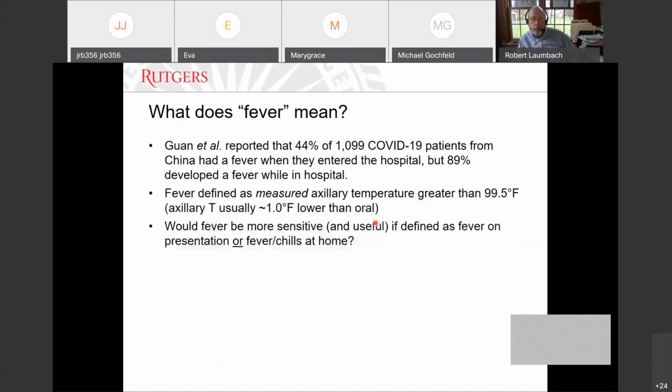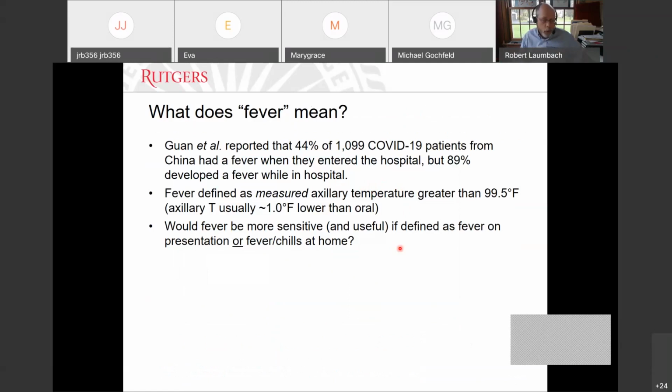But a little bit later, another report from China, among 1,000 patients, found only 44% had fever when they entered the hospital, although 89% developed fever while in the hospital. But again, we're talking about at presentation, what your decision might be in terms of your certainty of a diagnosis.